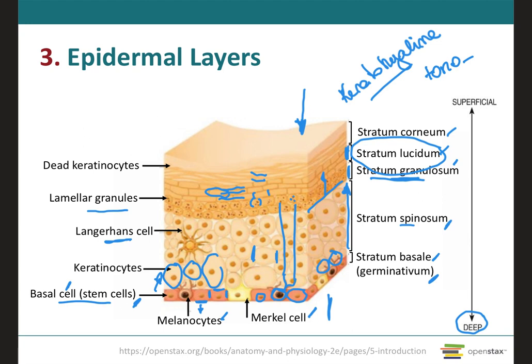The stratum corneum is the most superficial layer of the epidermis. It consists on average of about 25 to 30 layers of flattened dead keratinocytes, but it can range in thickness from a few cells in thin skin to 50 or more cell layers in thick skin.